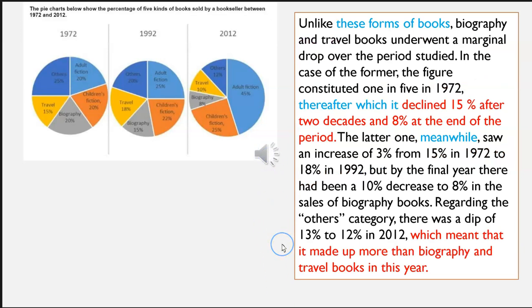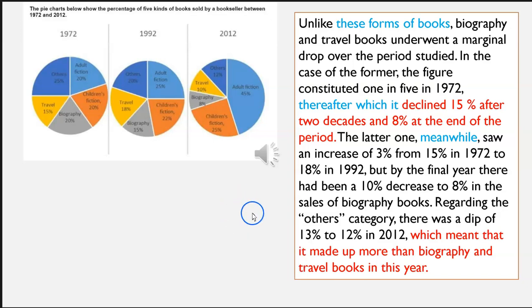Unlike these forms of books, biography and travel books underwent a marginal drop over the period studied. In the case of the former, the figure constituted 1 in 5 in 1972, thereafter which it declined 15% after 2 decades and 8% at the end of the period.